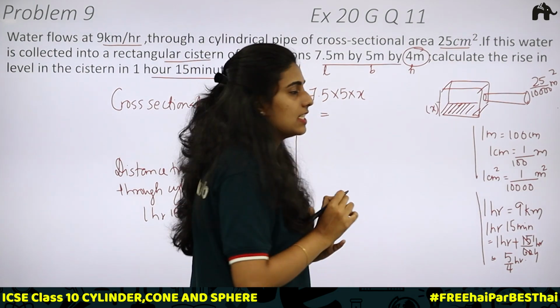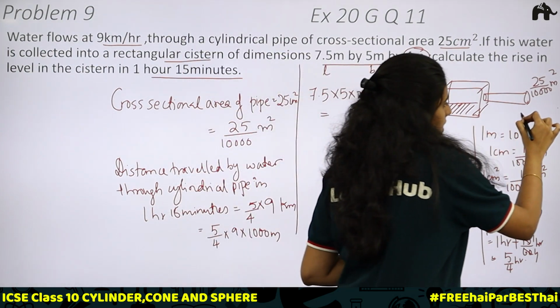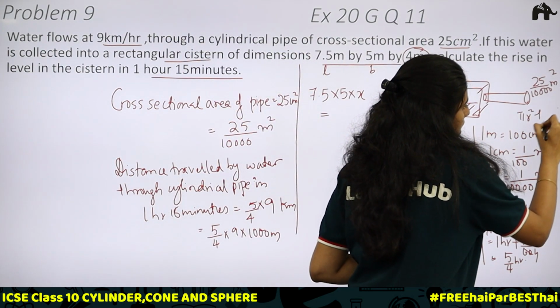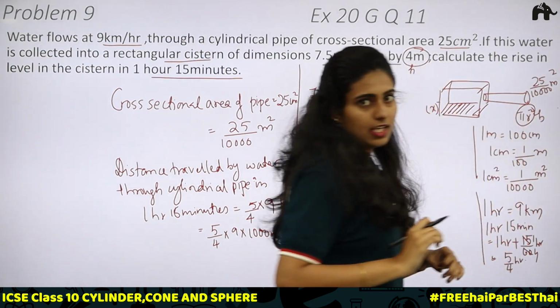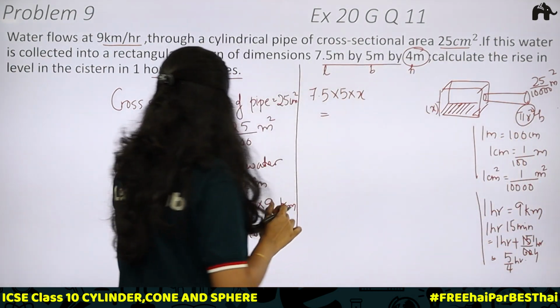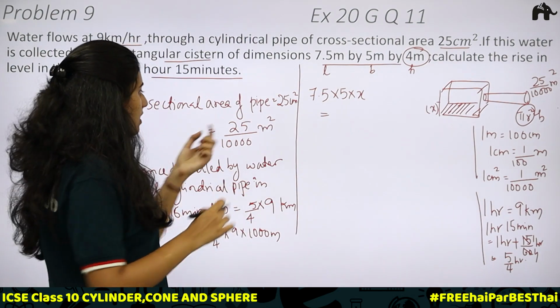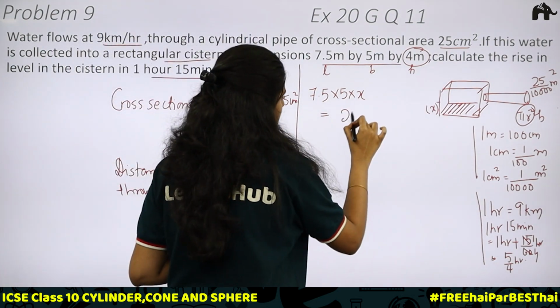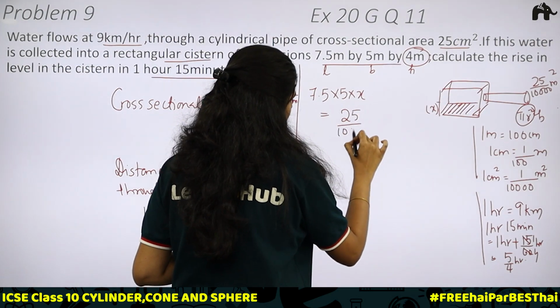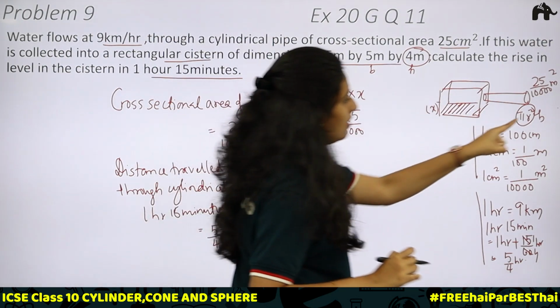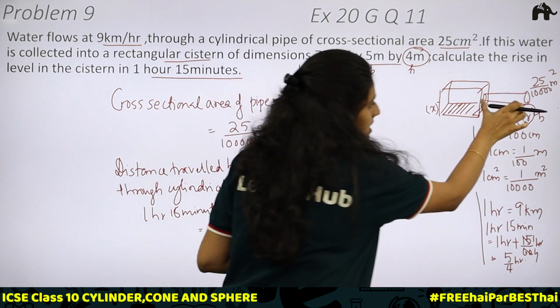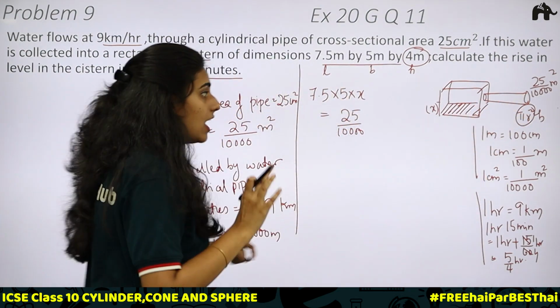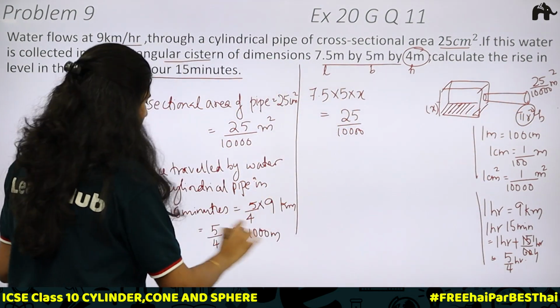What is the volume of the cylindrical pipe? For a cylinder, it is pi r square h. Pi r square is the cross-sectional area, which is given as 25 centimeter square, that is 25 by 10,000 meter square. Then we have h. h is the length of the pipe or the height of the cylinder, which we have calculated.